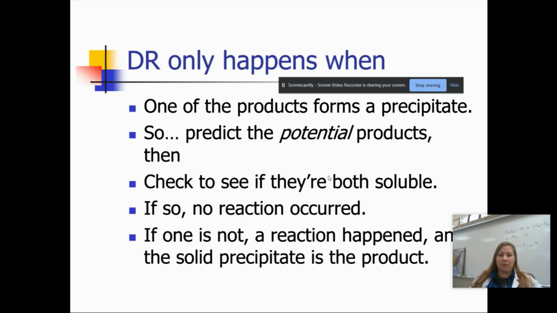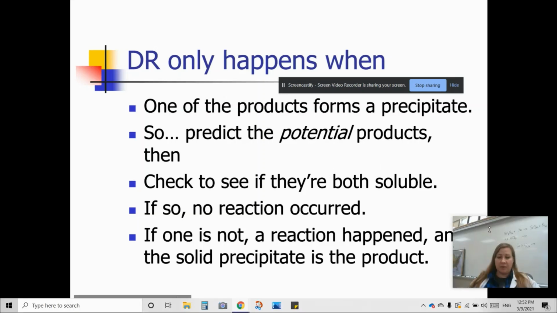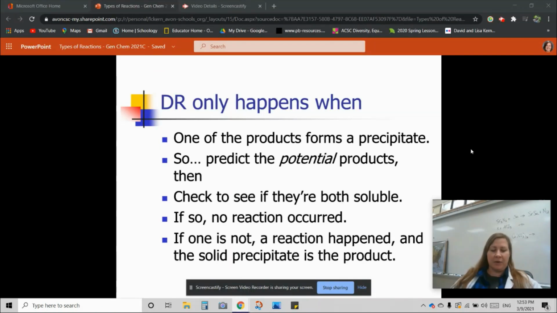So we would first predict the potential products and then check to see if they're both soluble. If they're both going to dissolve in that water solution, then no reaction is going to occur. And if they're not both soluble, we're going to check to see whether or not they're both soluble.